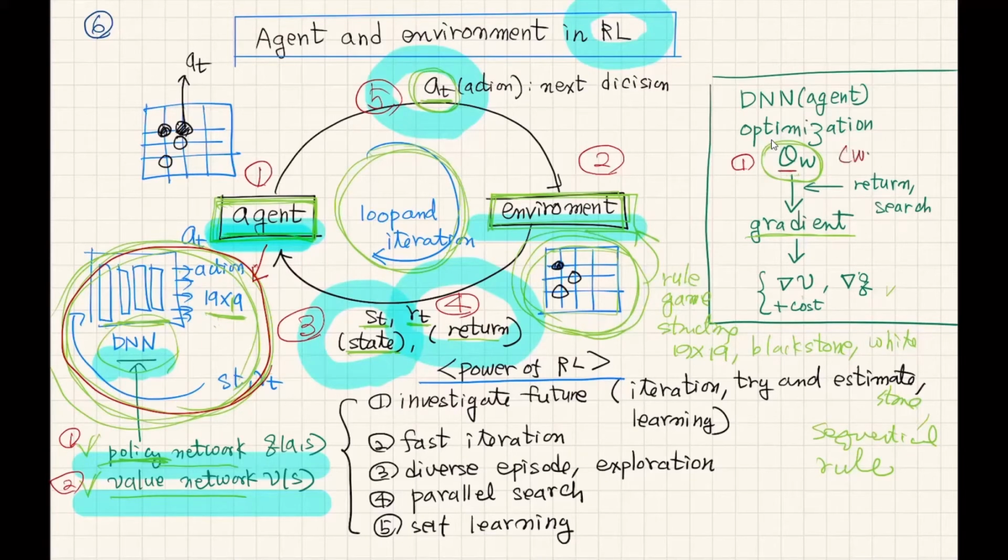I think this is the weight, and mathematically, we describe it as theta, W. By applying the gradient descent method, we can update this theta W. If we update theta W more and more, this DNN will be smarter and smarter. And there will be a large number of loop iterations to make it smarter and smarter. That is the responsibility of the computer.